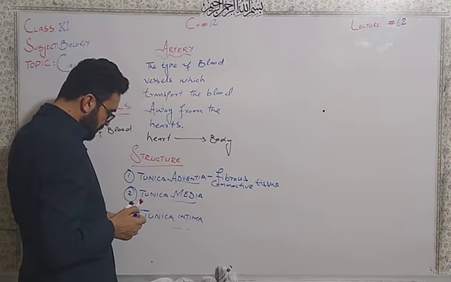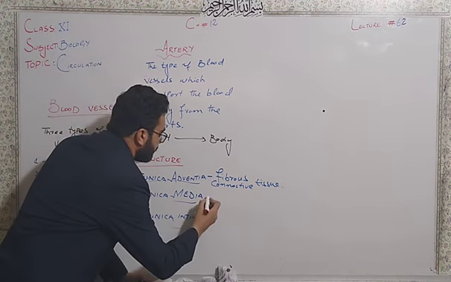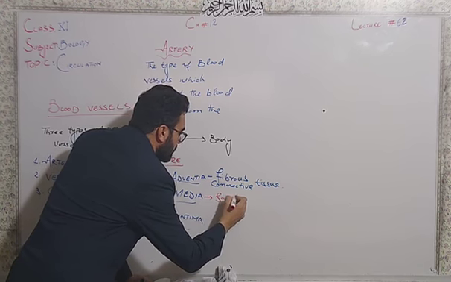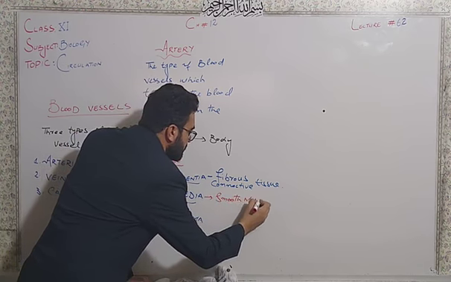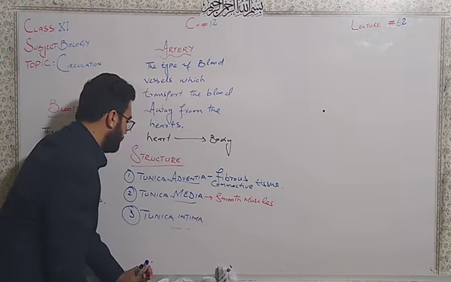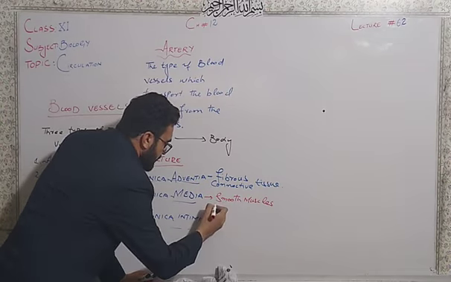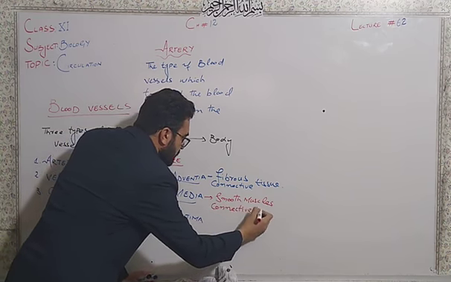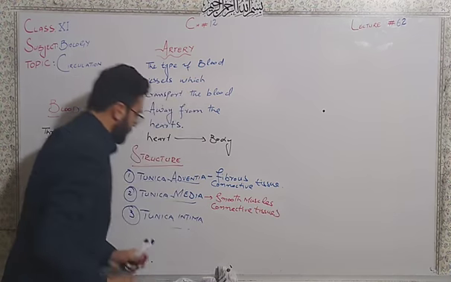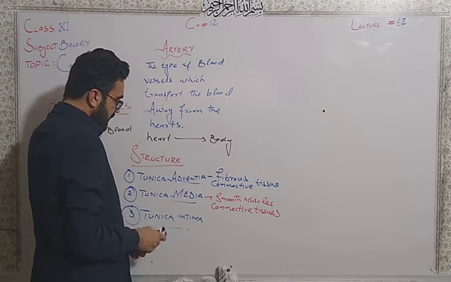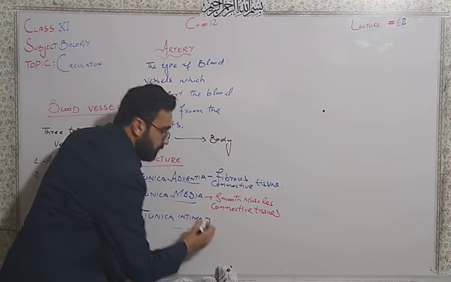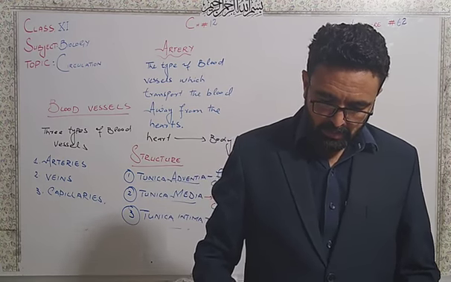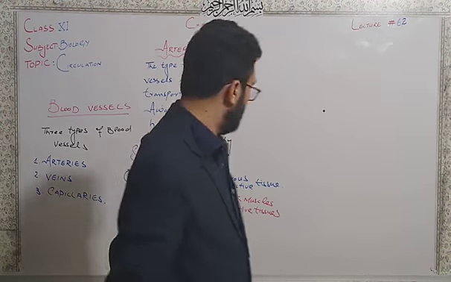The second one is called the tunica media, the middle one, which consists of smooth muscles along with connective tissues. And the third one is the tunica intima, the endothelium. It can also be called epithelium, mesothelium, or endothelium, and it consists of squamous epithelium.